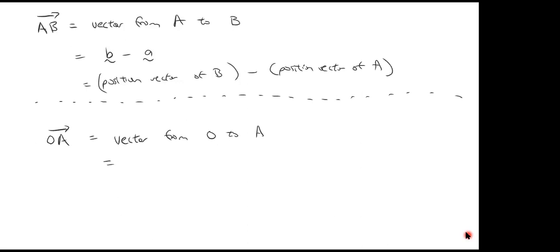Which we consider this vector A. We all agree this from earlier, right? Yes. But you can think of O itself as a point. So if you're going from O to A, you can think about it as vector 1 minus vector 2. And one of these is A and one of them is O.